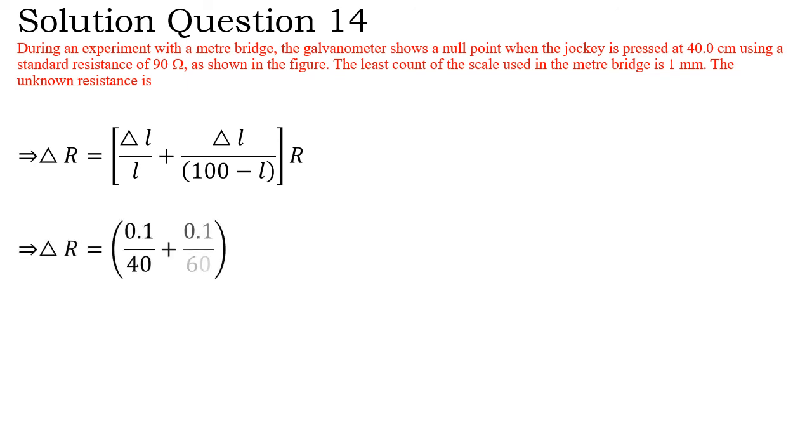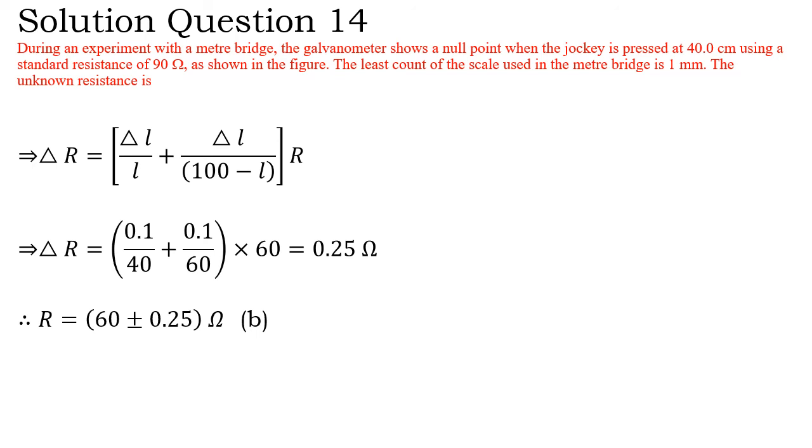Then we substitute the values of delta L; the least count is given as 0.1. And the value of R has been calculated as 60 ohm. Because of that, delta R becomes equal to 0.25 ohm. Then I can mention the value of the resistance as 60 plus or minus 0.25 ohm.